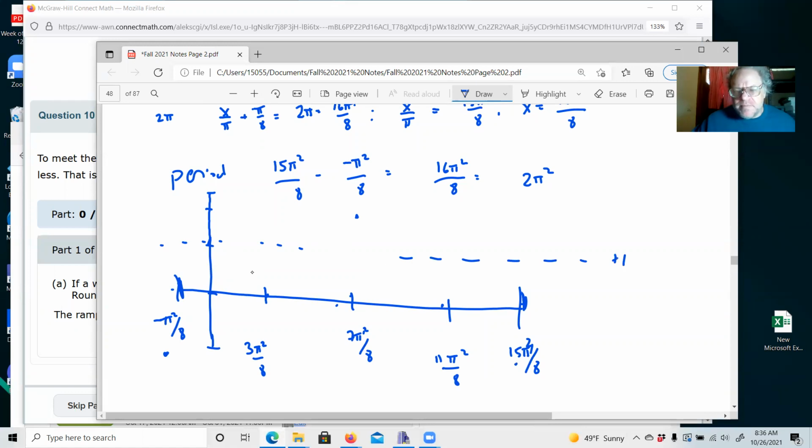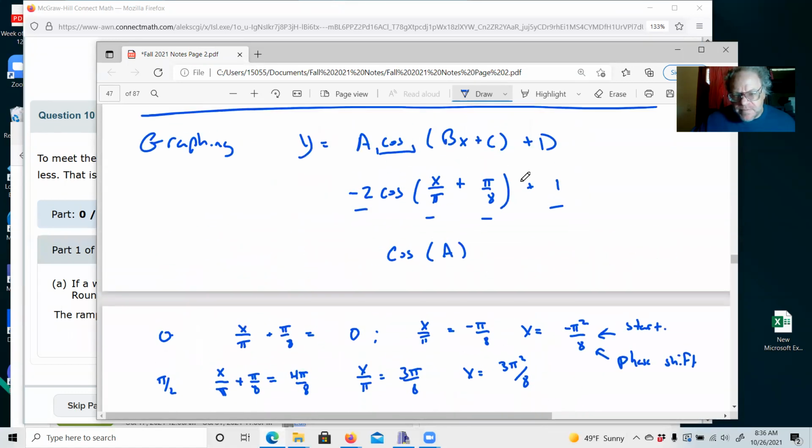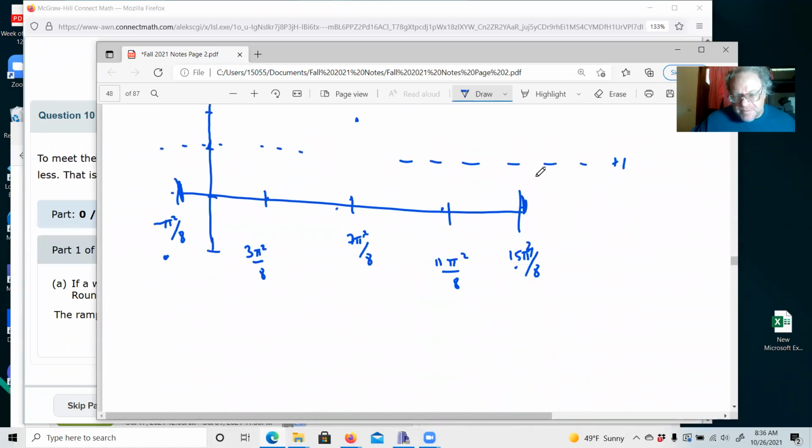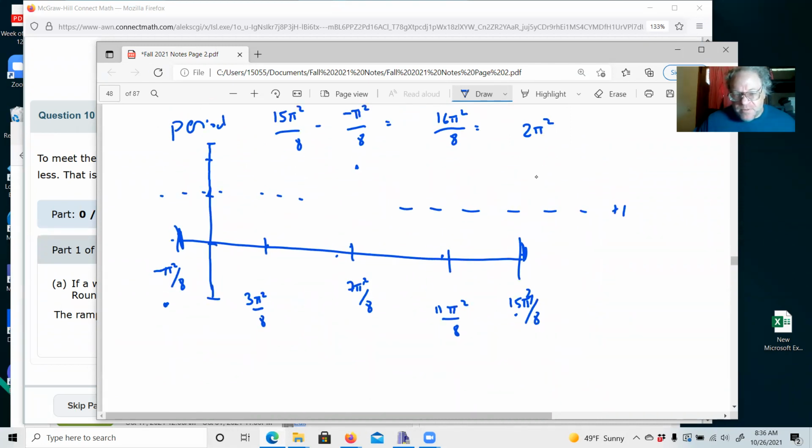Here's my plus 1. So my new baseline is going to be here. So we're going to go ahead and sketch this in. Okay, and then we'll go from there. So that's how you would graph something like this, poorly.